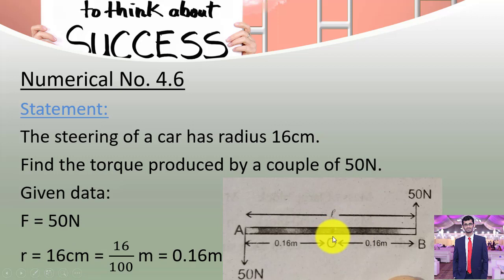The distance from O to B and the distance from O to A. As we know, centimeter is not the standard unit of length, so we need to convert centimeter into meter. For that purpose, 16 is divided by 100, which comes out to be 0.16 meter.